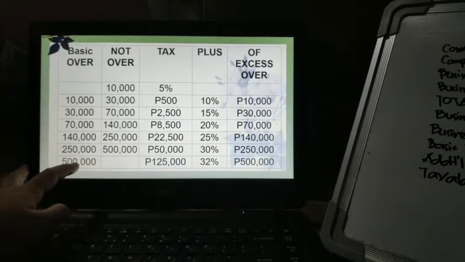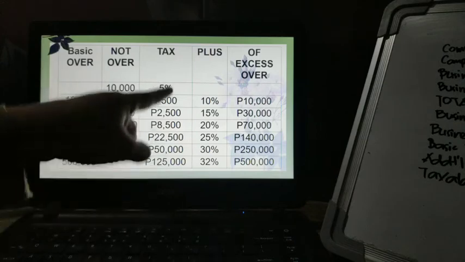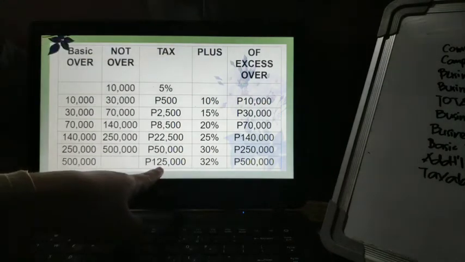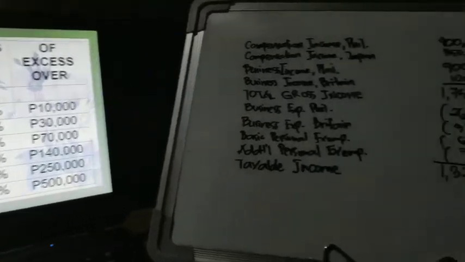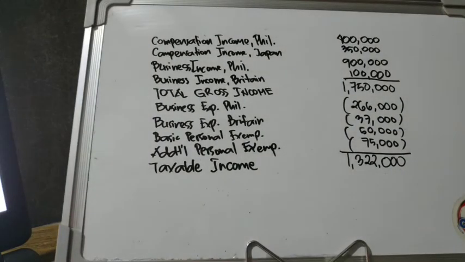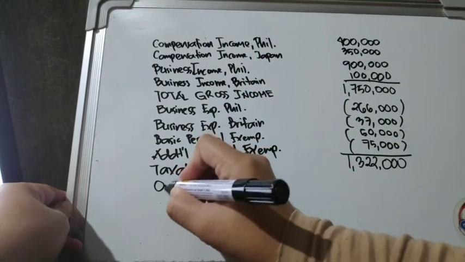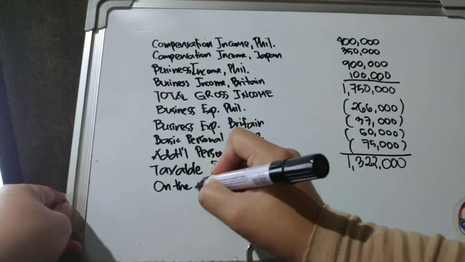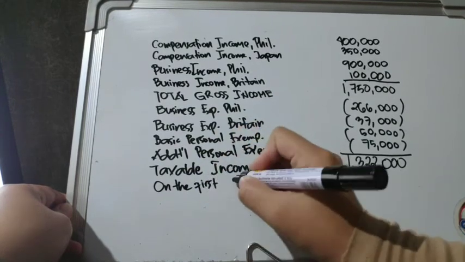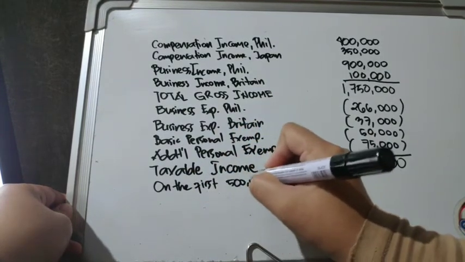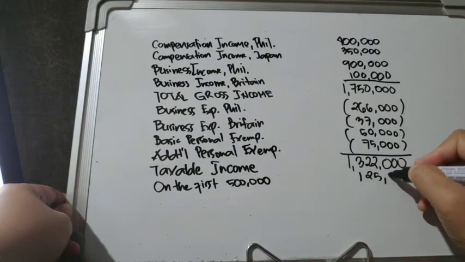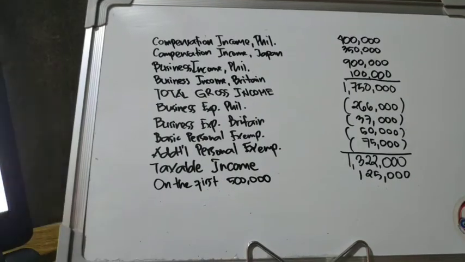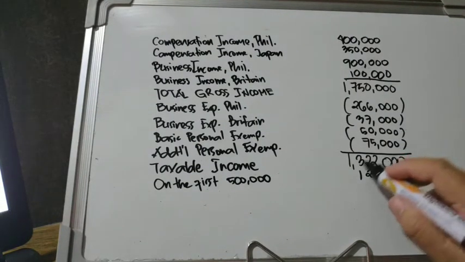So, 500 up to that. And then, ang kukunin mong tax niyan is the 125,000. So, you will proceed here in your solving. So, on the first 500,000, write it down. On the first 500,000, you will now get a tax of 125,000.